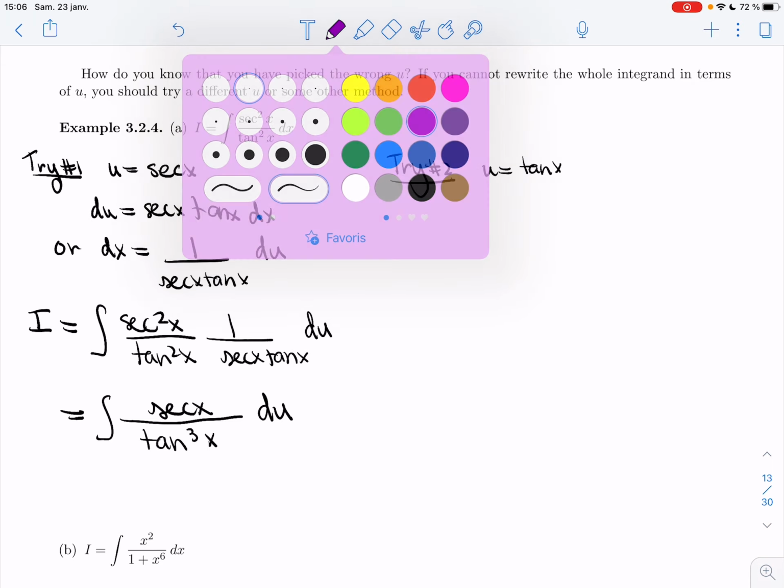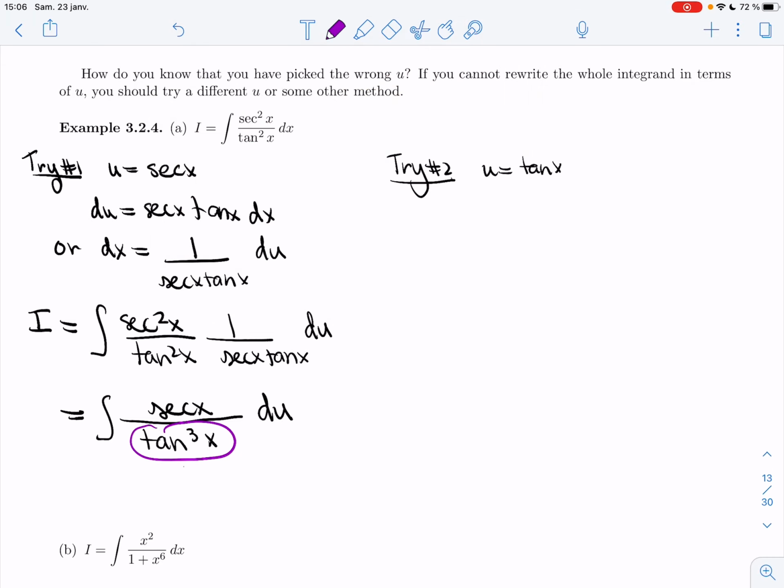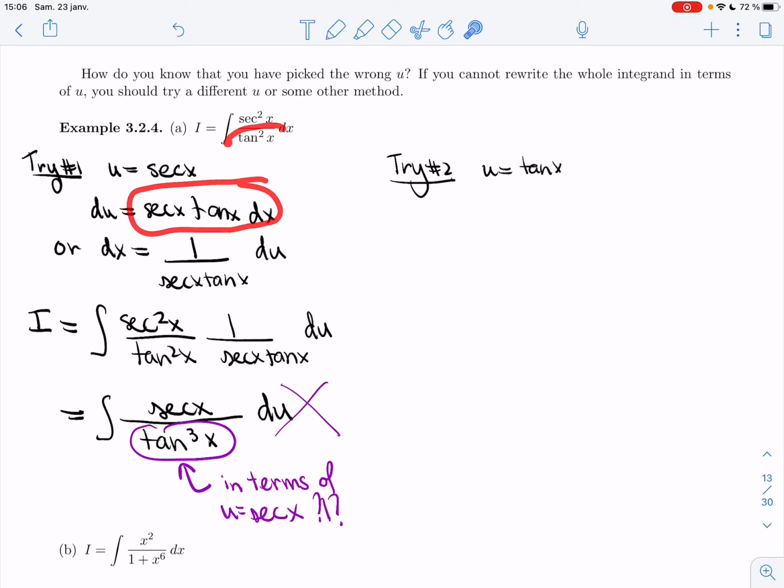So here I can't rewrite it in terms of secant x, that's my u. I can't do it, so this is wrong. Part of the problem is that I'm not canceling the whole tan squared, so I have an extra that doesn't look like a secant.